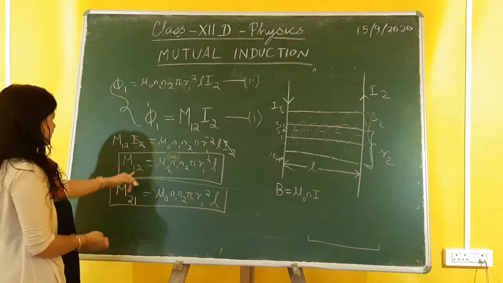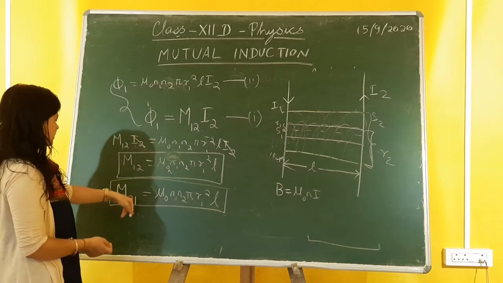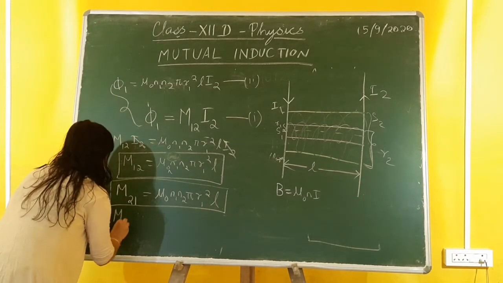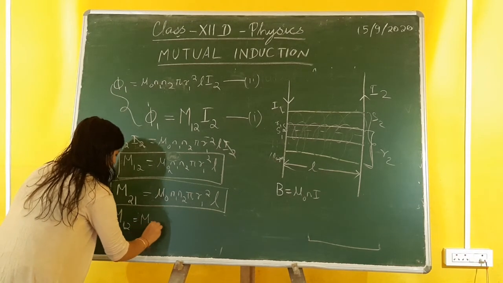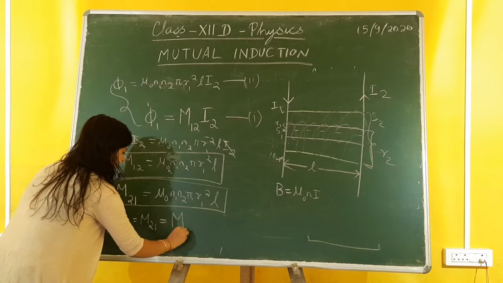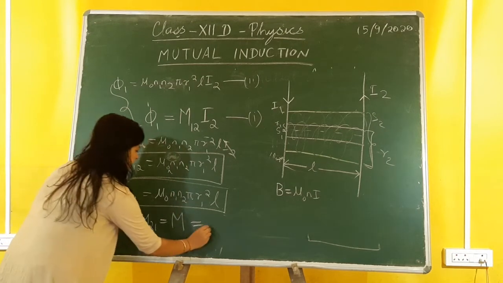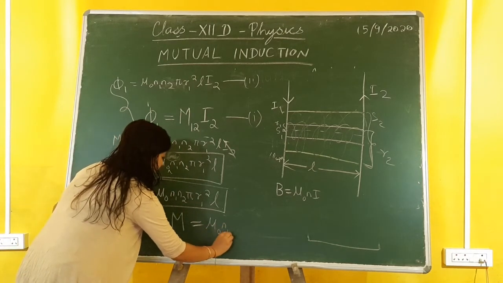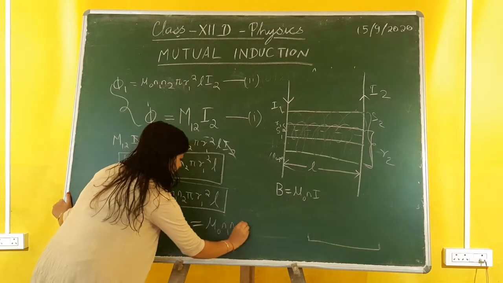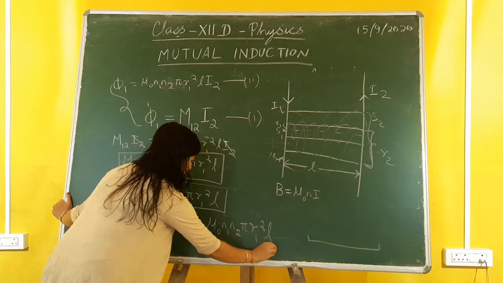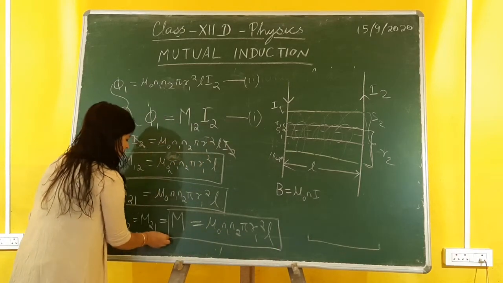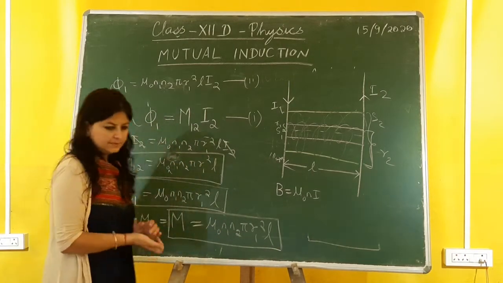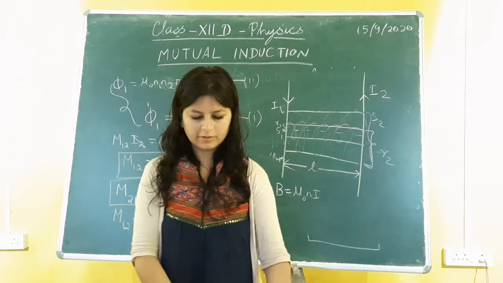Now you see that equating these two, M12 is equal to M21. So, M12 is equal to M21, which can be taken as M, whose expression is mu naught N1 N2 pi R1 square into L. So, this is the expression for mutual inductance of two coaxial solenoids, okay.